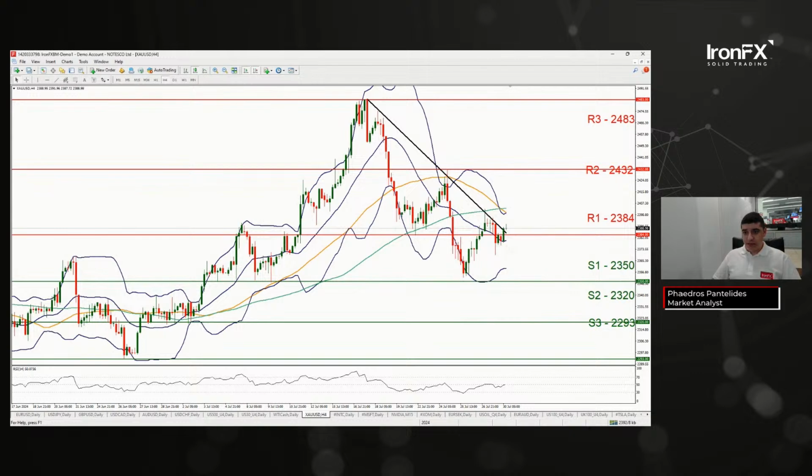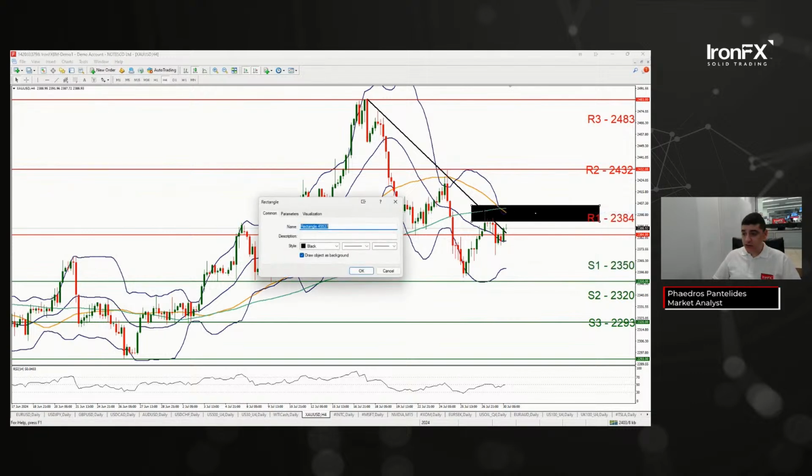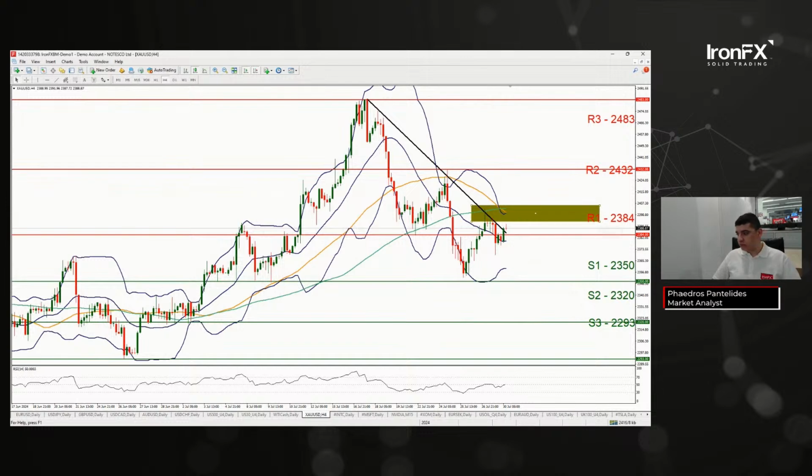Now, I'll show you what I'm looking at in particular. This area here. This particular rectangle that I have drawn, that you can see on your screens currently, for me would be a sell zone.